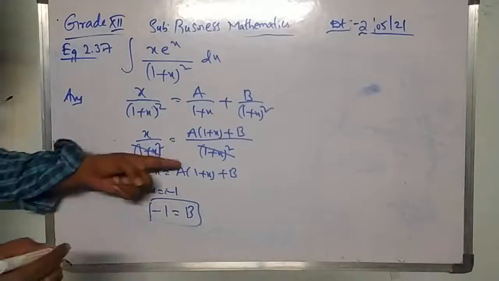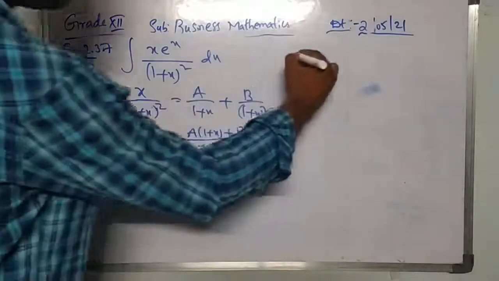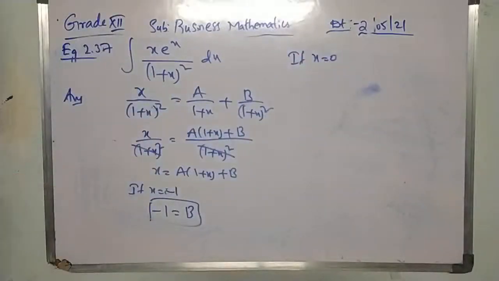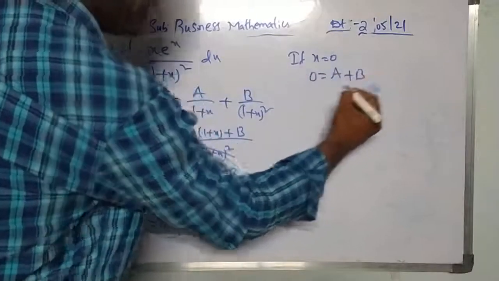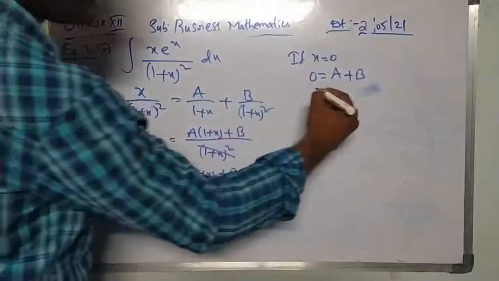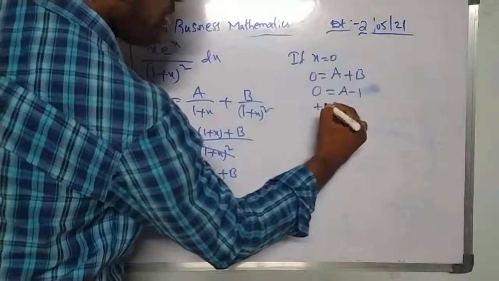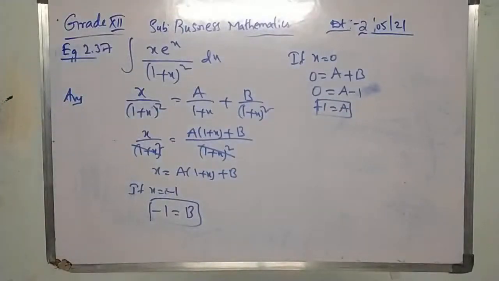Now we know the b value. If we substitute x equals 0, we get 0 equals a plus b. Already the b value is minus 1, so a minus 1 equals 0, which gives a equals 1.